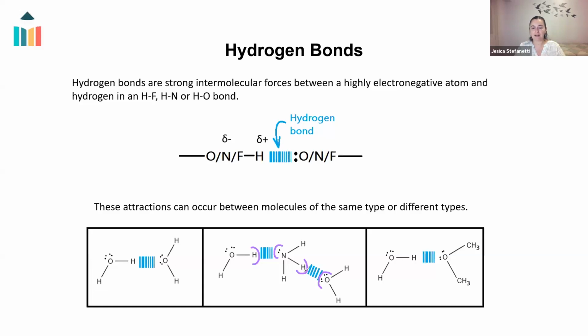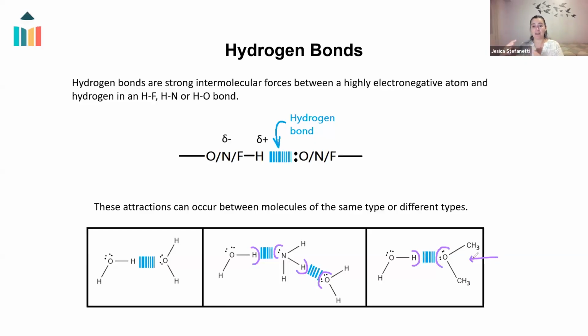And finally, on the right-hand side, we can see a type of hydrogen bond that has something special. Here, the hydrogen in water might be attracted by the oxygen in dimethyl ether. Keep in mind that this molecule cannot produce hydrogen bonds on its own. If you have this ether alone, there will be no hydrogen bonds.